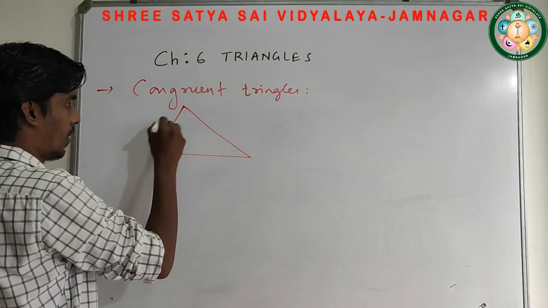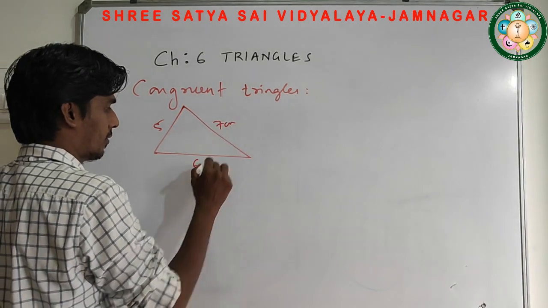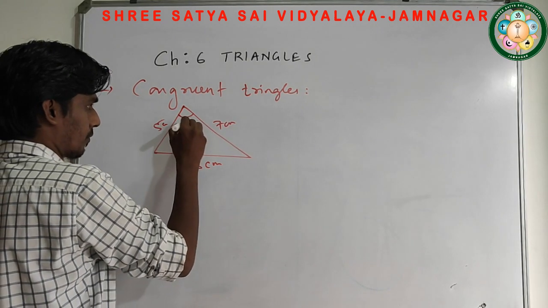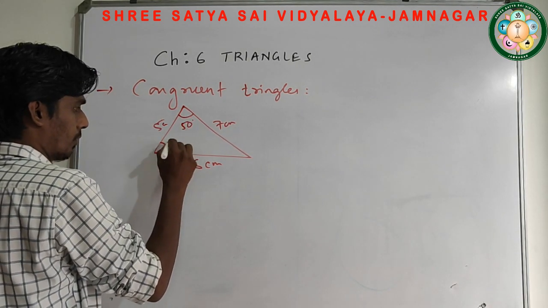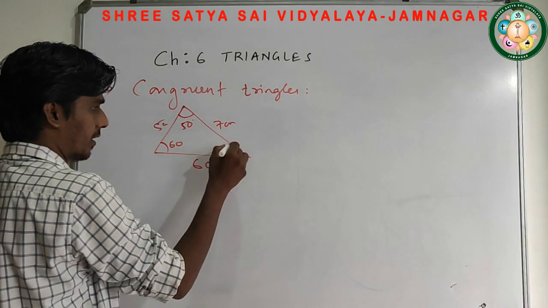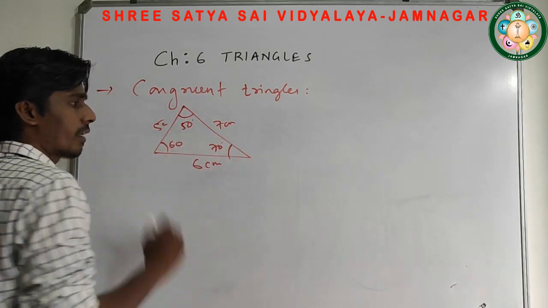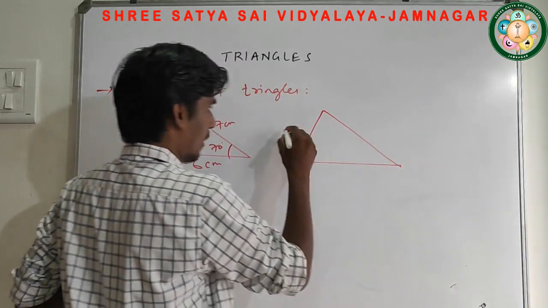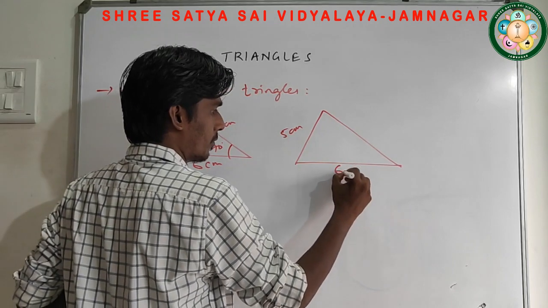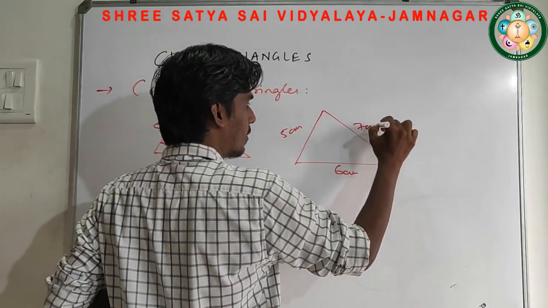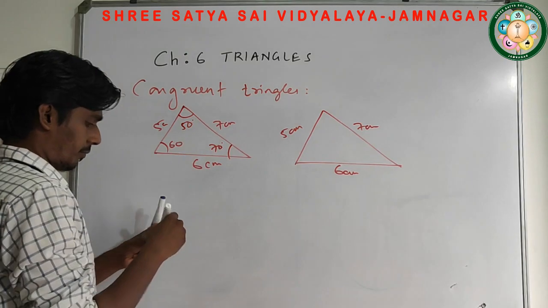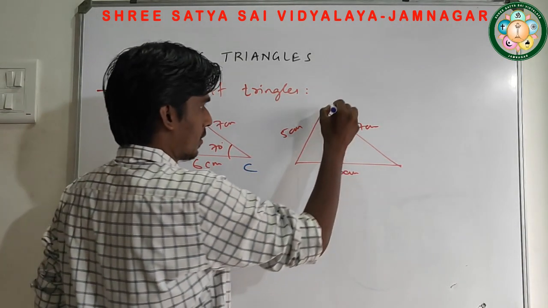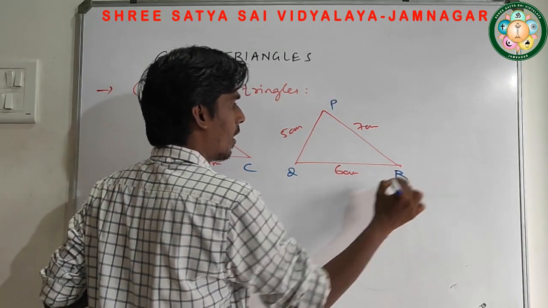If I take this one as 5, 6 and 7 centimeter, with angles 50, 60 and 70, and one more figure, again of 5 centimeter, 6 centimeter and 7 centimeter. Say this is A, B and C, and say this is P, Q and R.